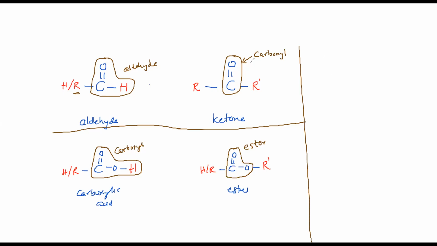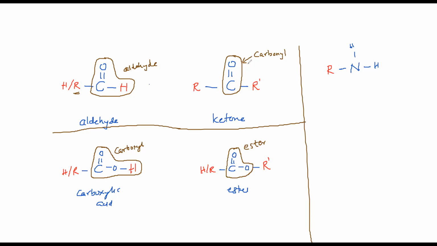Now about amine and amide. Amine particularly, you can visualize that it's made up from ammonia. In ammonia, nitrogen is bonded to 3 hydrogens. So if I replace at least one hydrogen with alkyl, which means I can have the second and the third hydrogen also replaced by alkyl, this becomes amine.